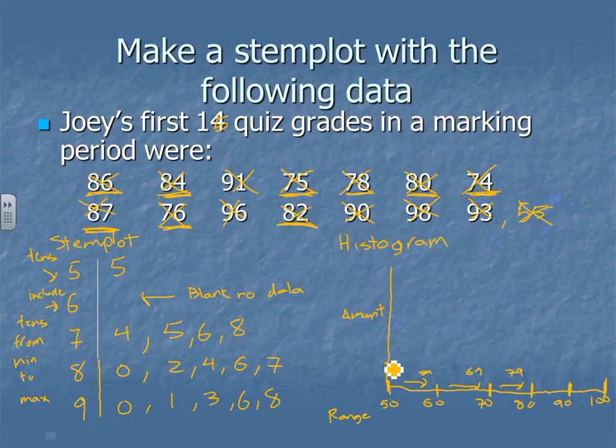So for the amount, we'll put just a 1, and we'll see based off of how many we have in each one what our y-axis is going to be. But what I just create is a simple little bar showing that I had one score in the 50s.